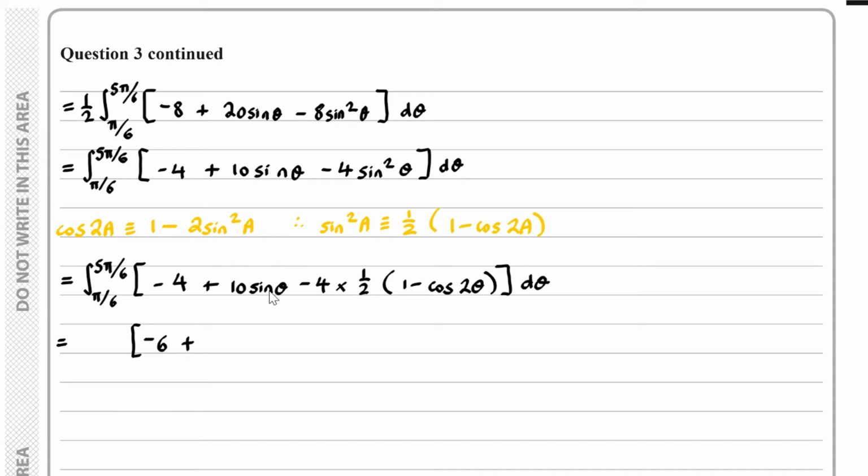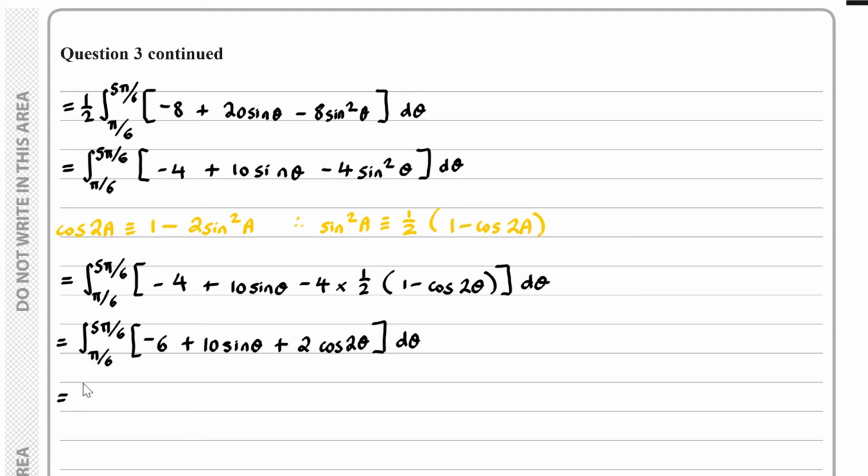And then we've got the 10 sine theta, and then the minus 2 times by the minus cos 2 theta, that's positive 2 cos 2 theta. So we will be integrating this result over here with respect to theta in between pi over 6 and 5 pi over 6.